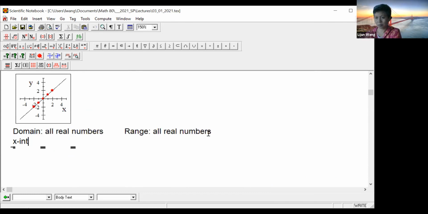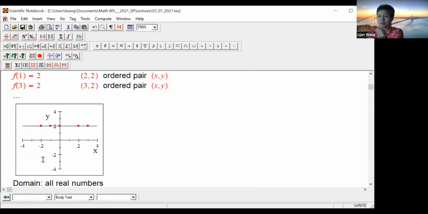Okay, X-intercept is 0, 0. And Y-intercept is the same. Now let's go back to the constant function. What is the X-intercept and Y-intercept? In this second case, the X-intercept and Y-intercept are the same. How about this one? What is the X-intercept?